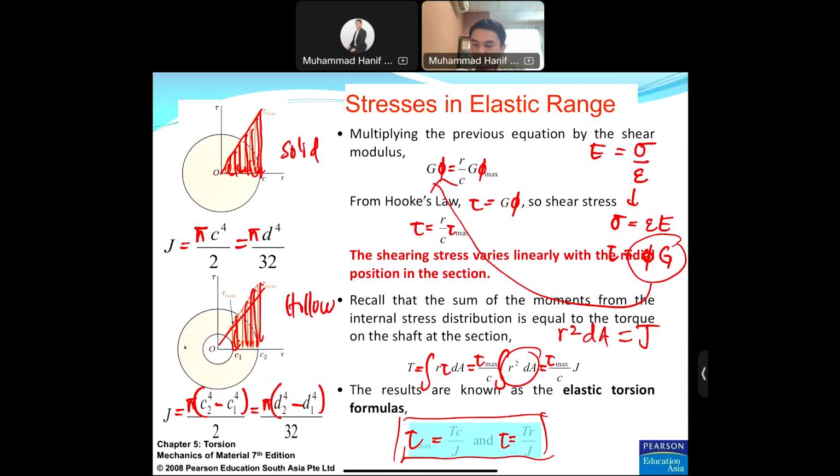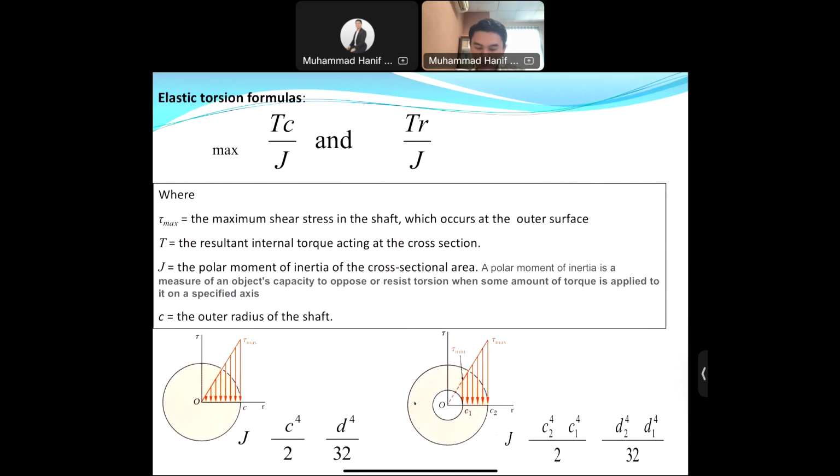All right, similar formula as before, just a recap, including the definition of tau maximum. Tau maximum, the maximum shear stress in the shaft, occurs at the outer surface. T is the resultant internal torque acting at the cross section. J is the polar moment of inertia of the cross-sectional area.